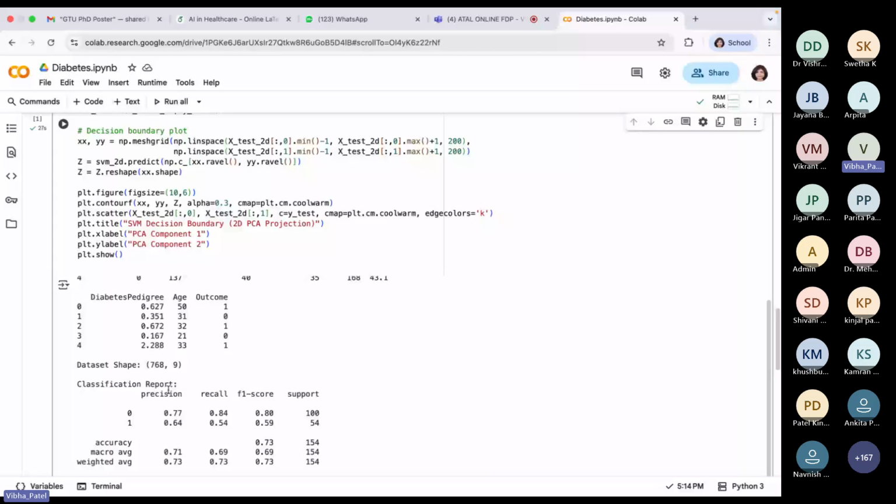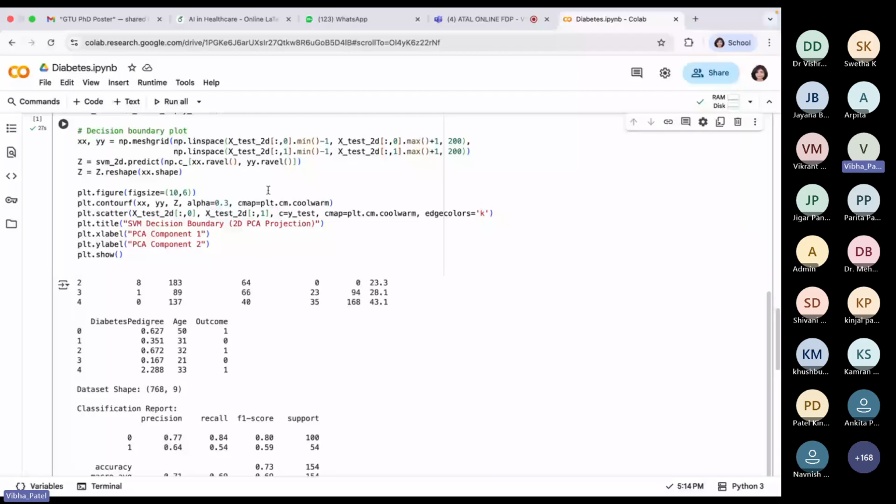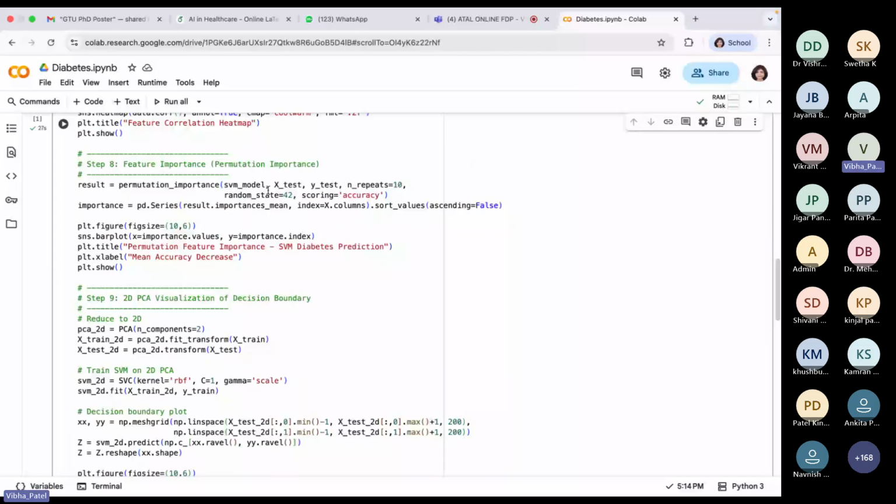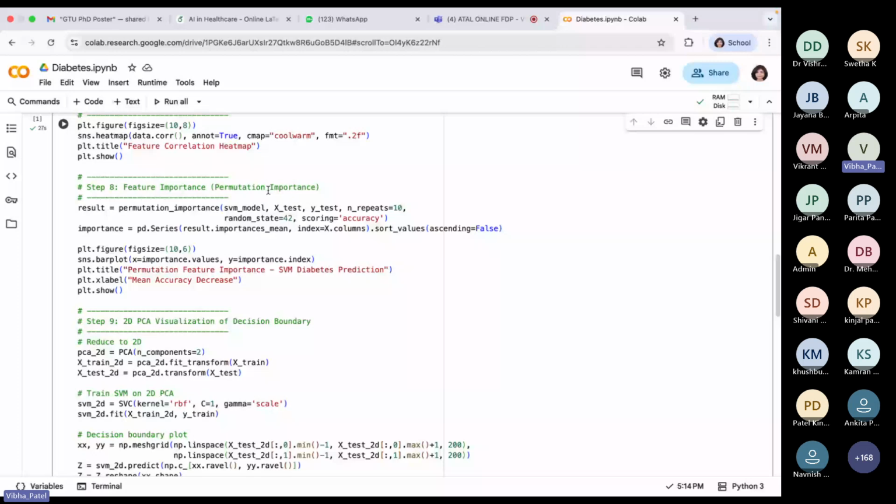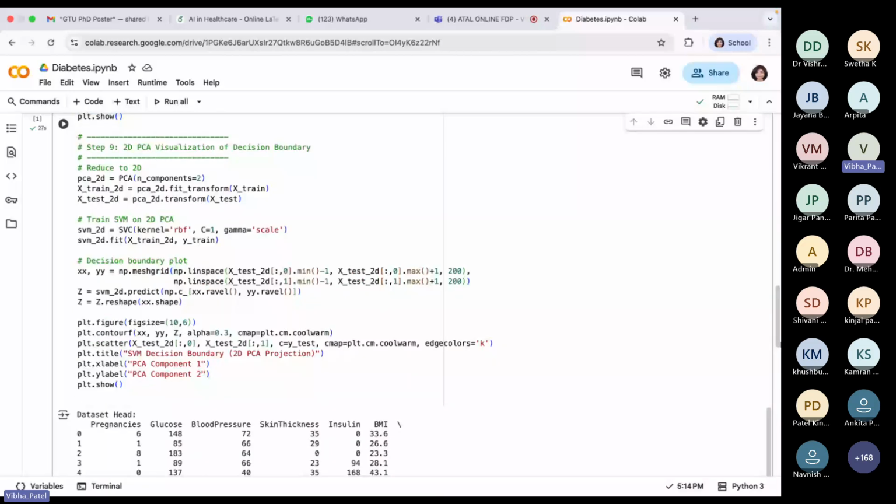When we tested this code, 70 percent was the data size that has been used for training purposes, and for the test data, around 154 data has been used for testing. So the support is basically projecting the number of data that has been used.